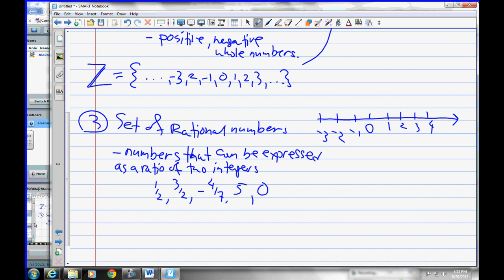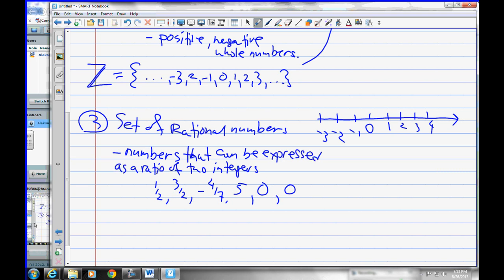Yes. 5 over 0 would be undefined, so 0 in the denominator is bad, but 0 in the numerator is okay. 0 over 5 is 0. 0 over everything that's not 0 is 0. 0 over 0 doesn't equal 1; you're not going to talk about what happens when you have 0 on top and 0 on the bottom until later. But for now, yes, 0 is a rational number. I can express it as a fraction.